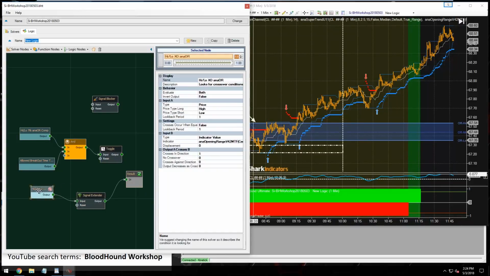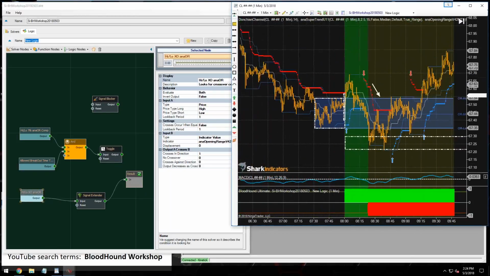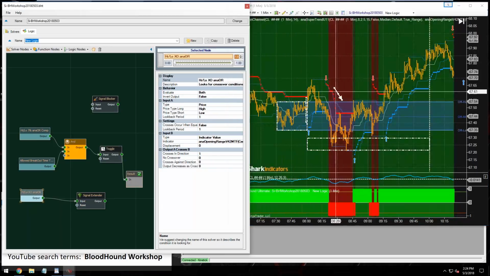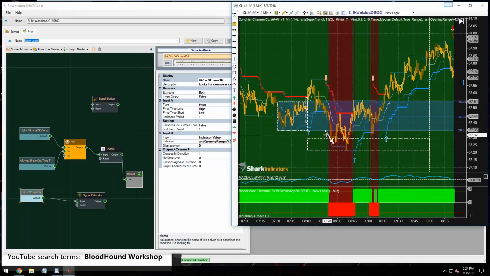But also, I want to make sure that the toggle node is going to be completely disabled. So I need to disable the long output and the short output from that toggle node.